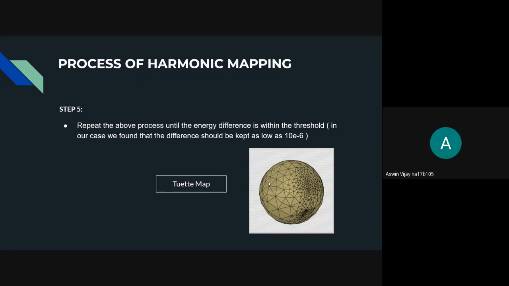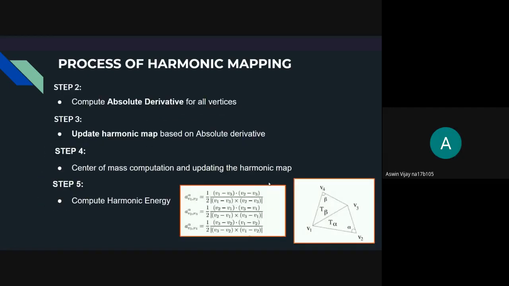Okay, and in these steps, where exactly is it conserving the angles? Which part is conserving the angles? The formulation of using these different vector dot products and cross products in the computation of the energy which you are trying to minimize is helping you conserve the angles.